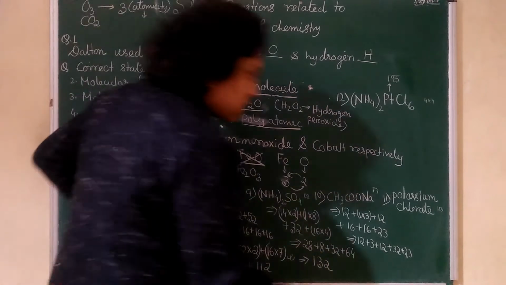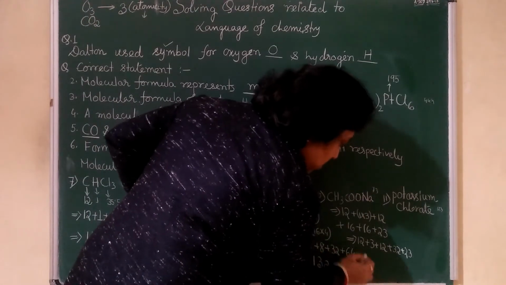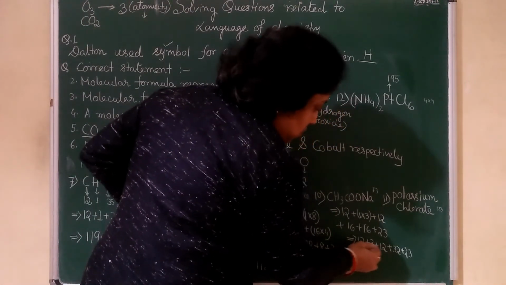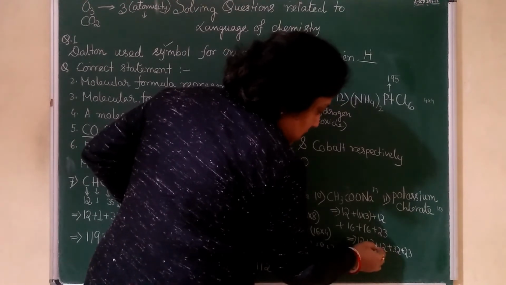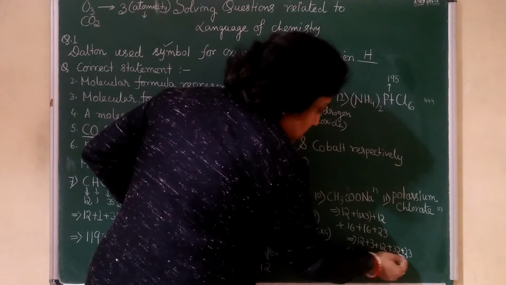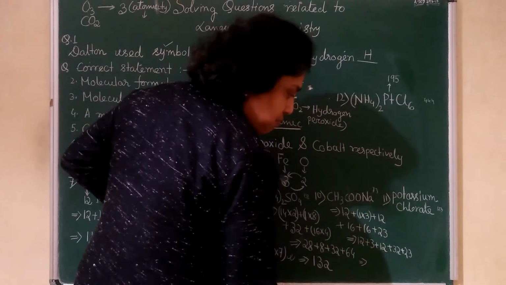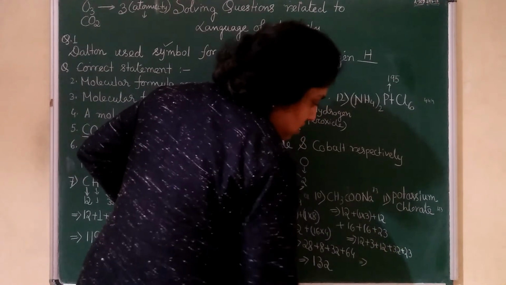12 plus 3 plus 12 plus 16, 16, 32 plus 23. So what are you getting? 12, 12, 24. 24, 3, 27. 27 and 23 is 30, 40, 50. 50, 32.